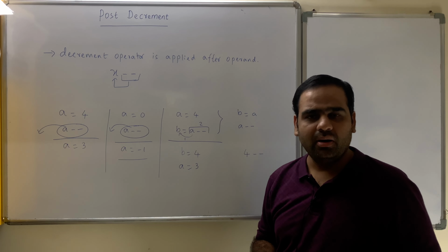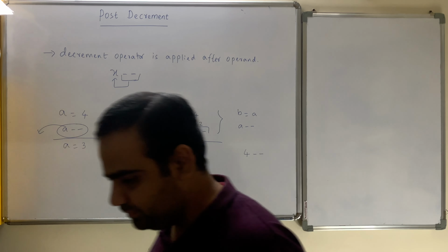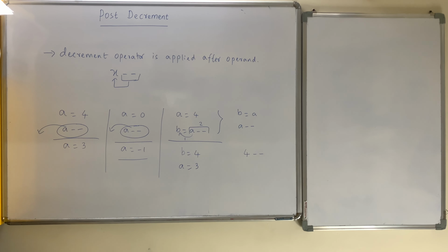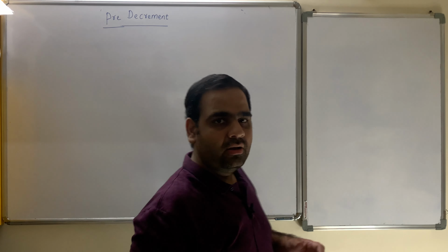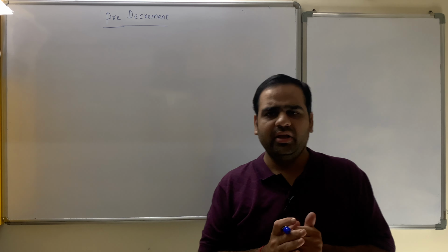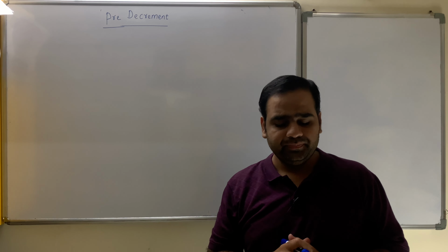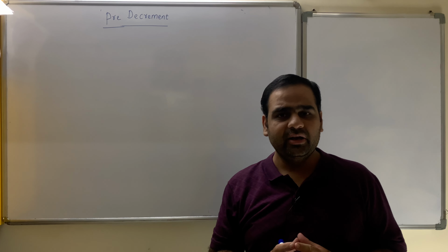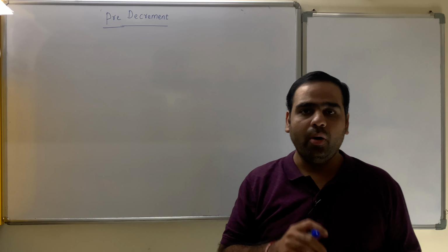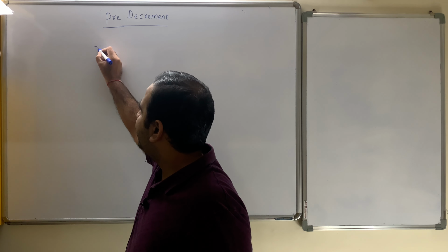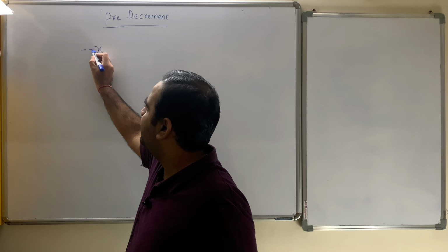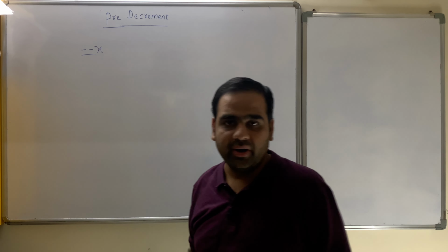Now let us talk about the pre-decrement. Now let us see what is a pre-decrement operator. In case of pre-decrement operator, the operator is before the operand. That means if x is the operand, this minus minus is before the operand.